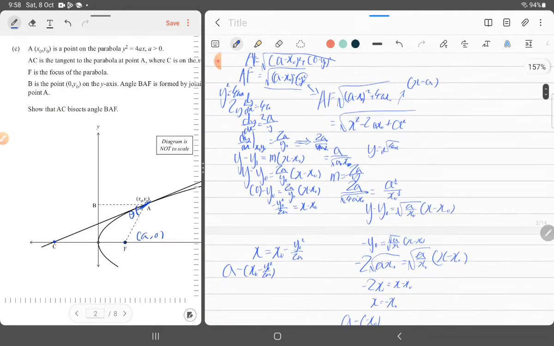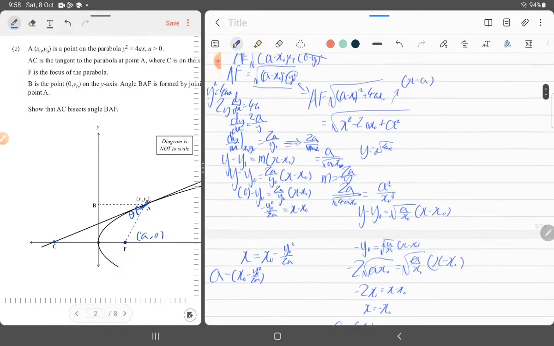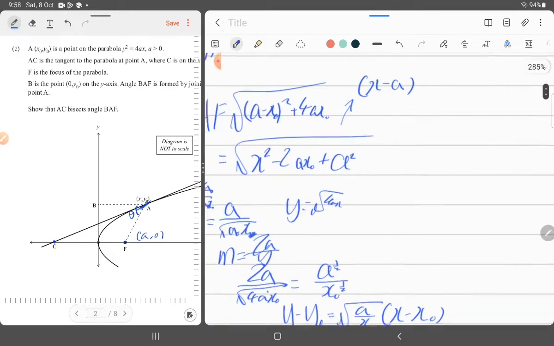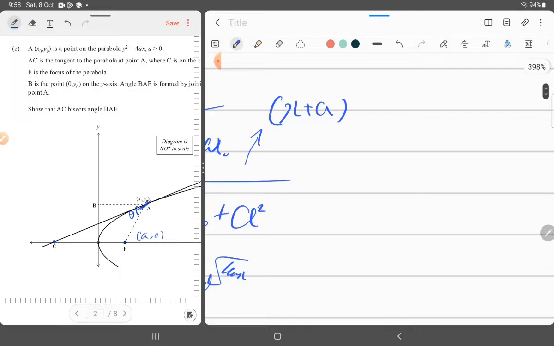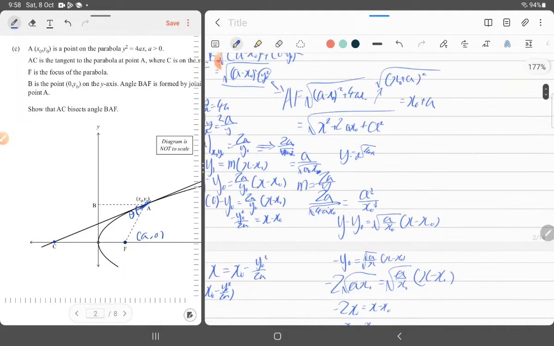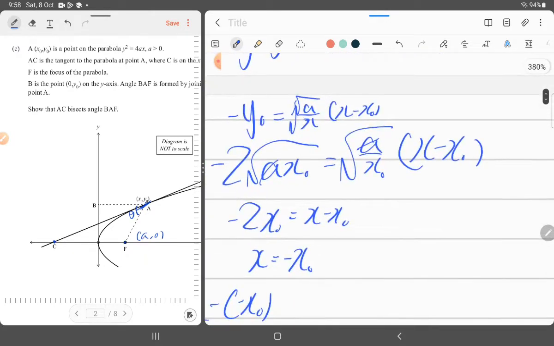Oh wait, actually, I know it's plus. So x plus a square with that, which is equal to x0 plus a. Okay, so we just proved that.